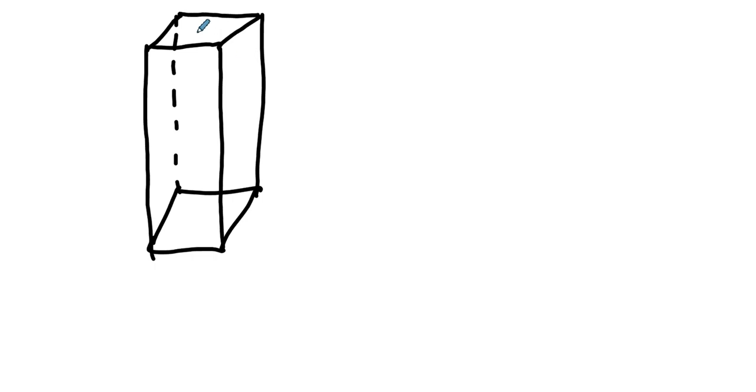We could talk about the altitude of the prism. The altitude is a segment that represents the vertical distance from one base to another, the straight vertical distance from one base to another, that we call an altitude. Okay? One other thing to talk about.